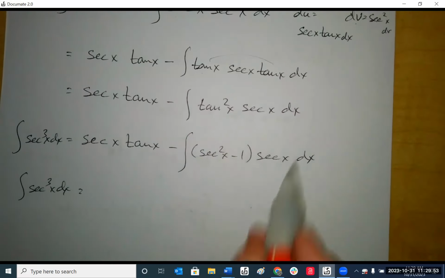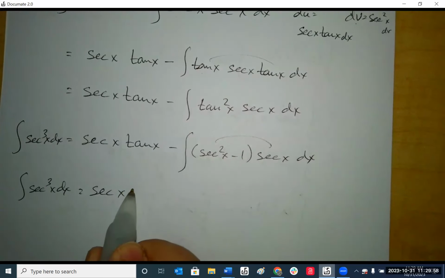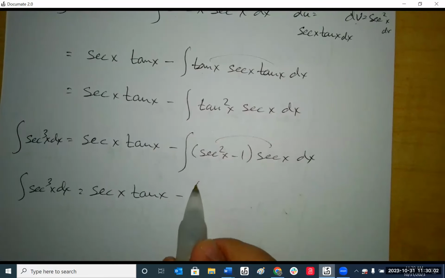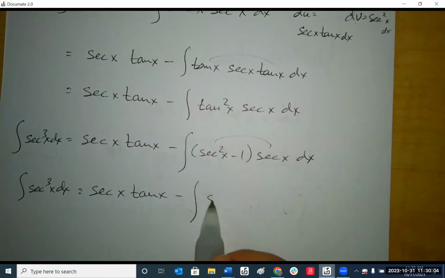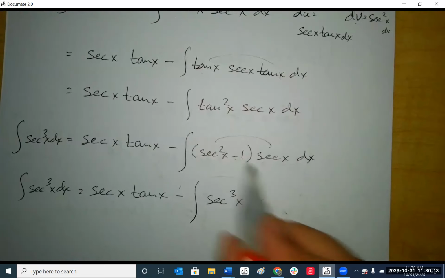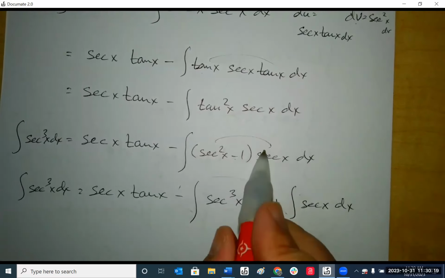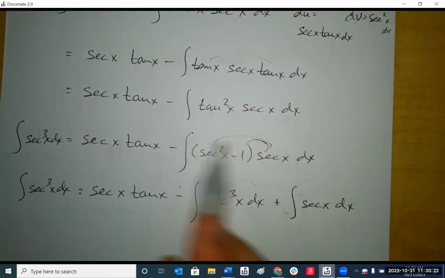I'm putting those here because I'm seeing what's going to happen when I do that. It is going to equal secant tangent x minus the integral of secant cubed x dx, and change that sign so it's plus the integral of secant x dx. So I'm distributing that integral to it.